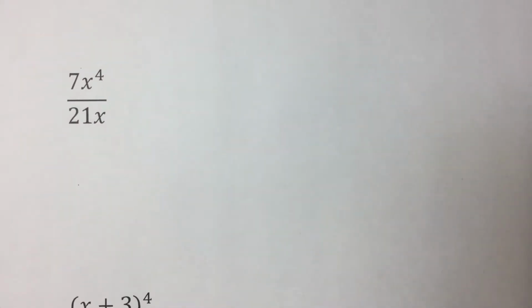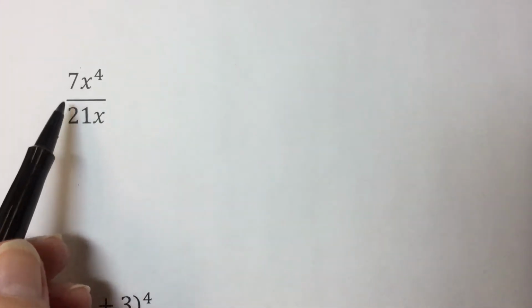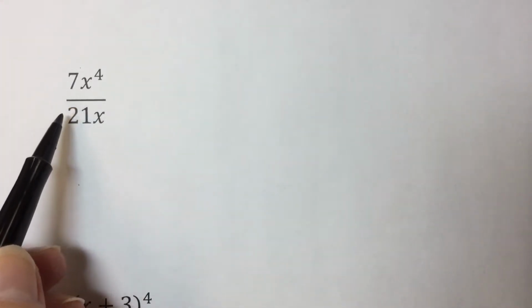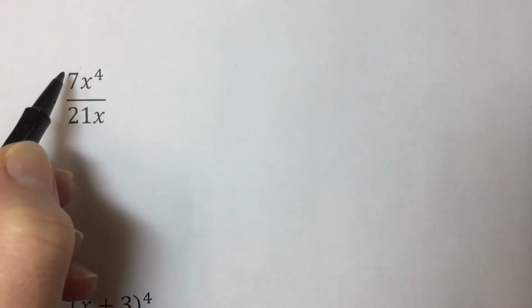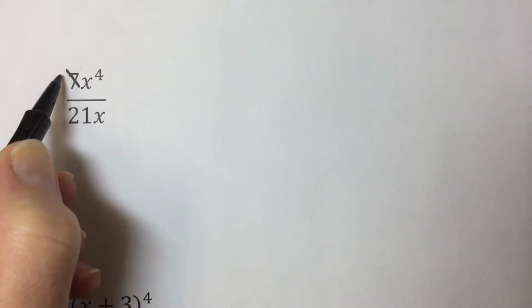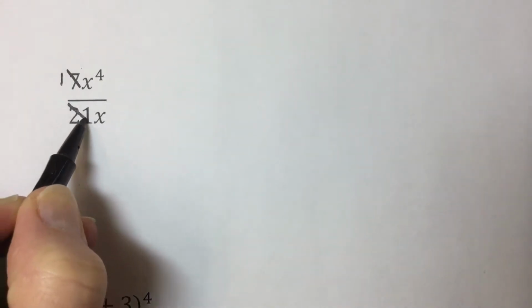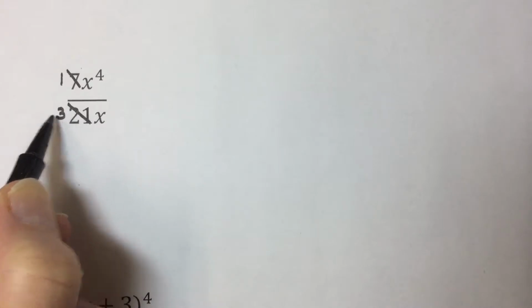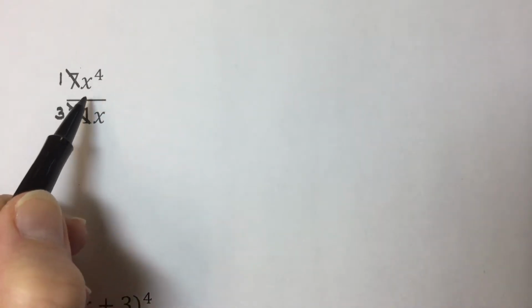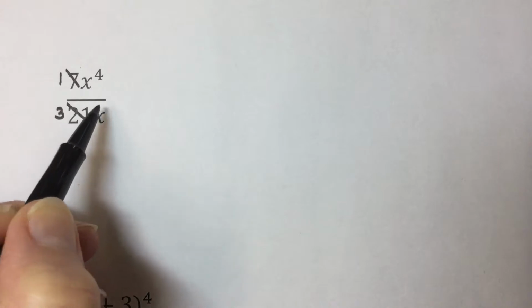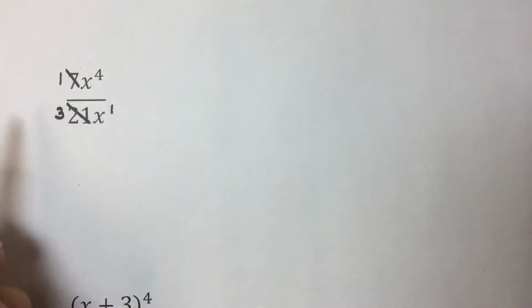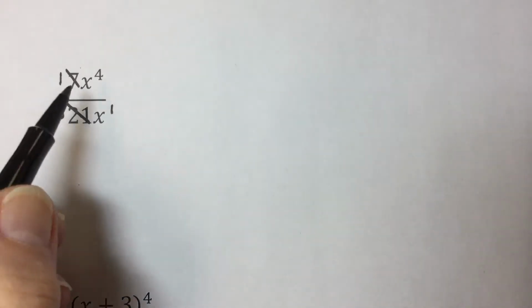Here, we're looking for common factors. Considering the integers, each of these numbers has factors of 7. 7 divided by 7 is 1. 21 divided by 7 is 3. We have a common base over itself. We can use the quotient rule and subtract the exponents.